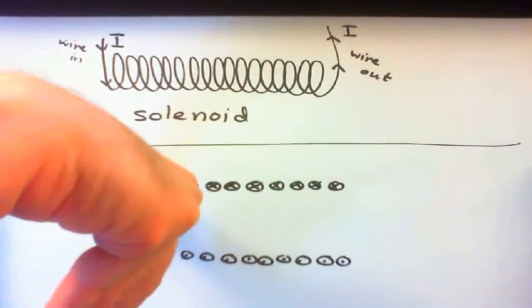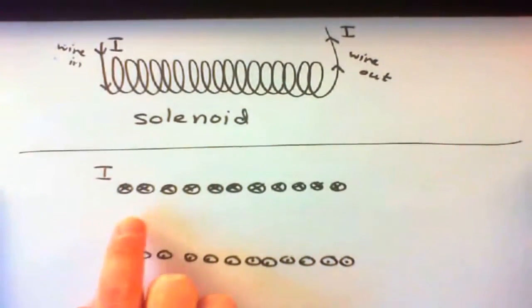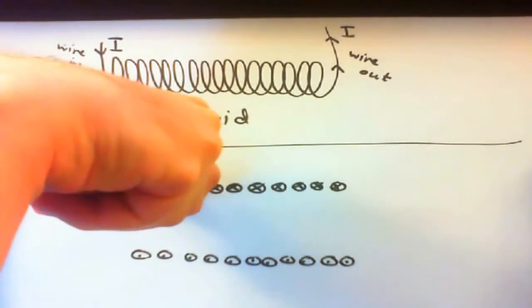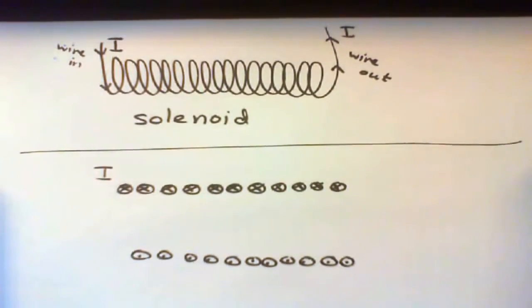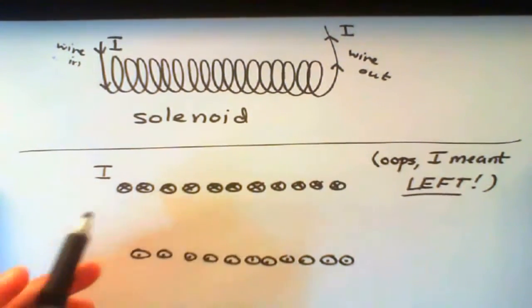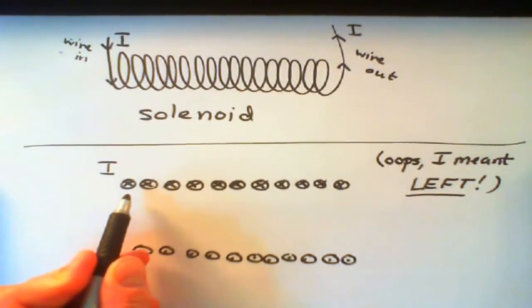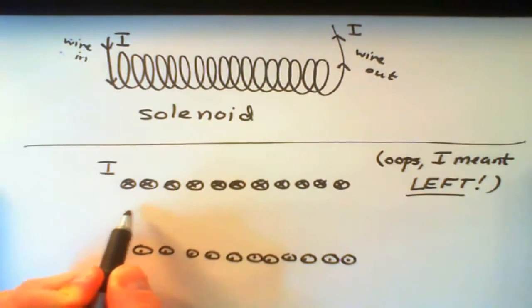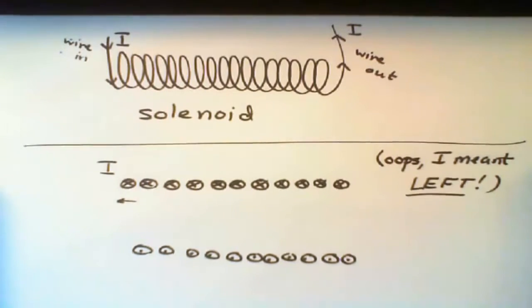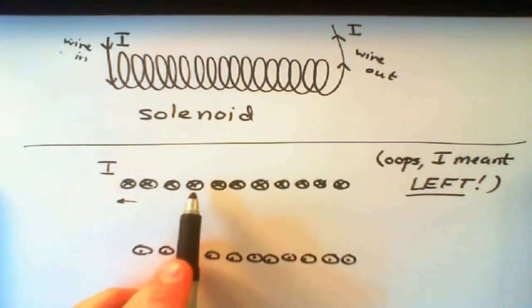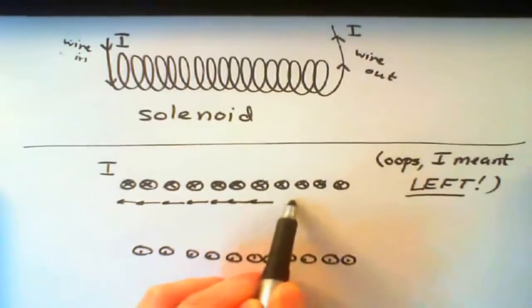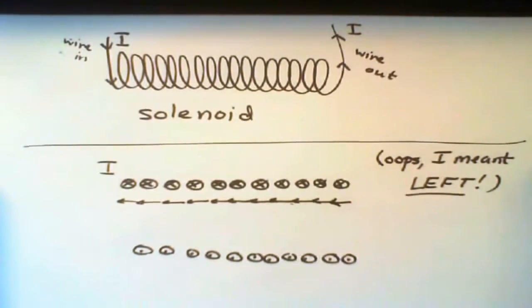And we're interested on the inside of the solenoid, so I'll put my fingers there. And if I start to curl my fingers towards my palm, you can see they point to the right. So that one wire in the solenoid is creating a magnetic field inside the solenoid that points to the right. And if we did that for every single wire on the top of the solenoid, we would always get a magnetic field inside the solenoid that points to the right.